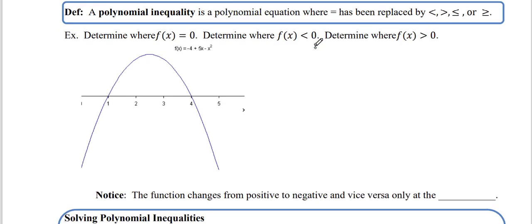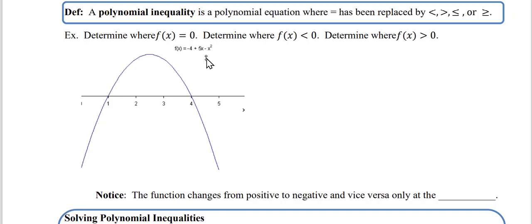This is a parabola. The function is given here, f of x equals -4 plus 5x minus x squared. That negative on the x squared makes it an upside down parabola from our study of quadratics. We want to know where this function is actually equal to 0.